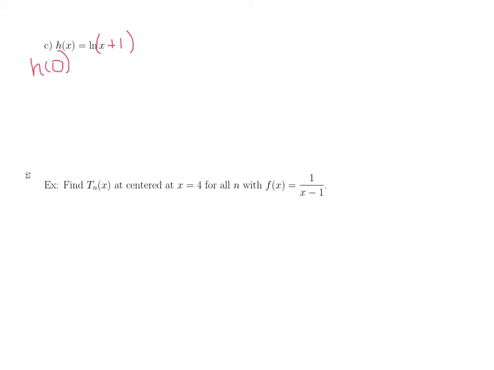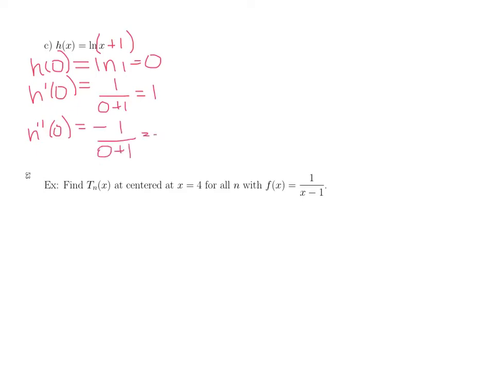H of 0 is ln of 1, which is 0. The first derivative of ln is 1 over x plus 1, so 1 over 0 plus 1, which is 1. The second derivative, evaluated at 0, is going to be -1 over 0 plus 1, which is -1.